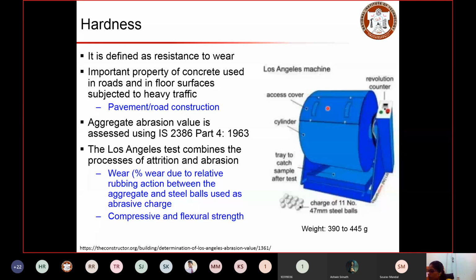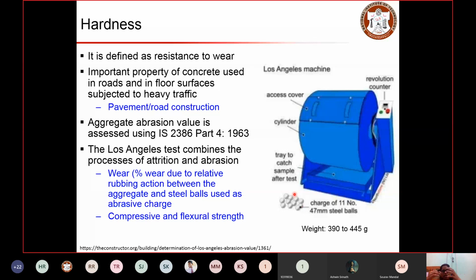Here we have an access cover, so we can open this and feed in the aggregates which need to be tested to check the abrasion value of those materials. We have a revolution counter, for example some 500 rounds, and inside the drum small steel balls will be placed.